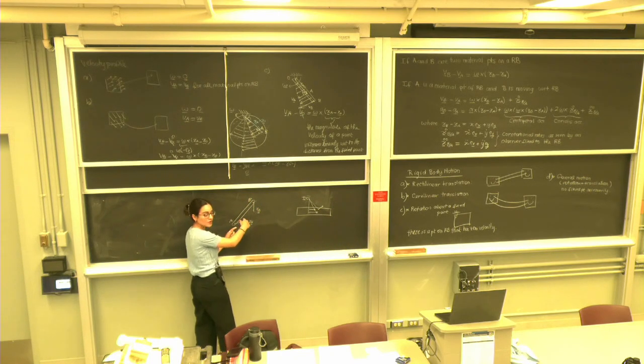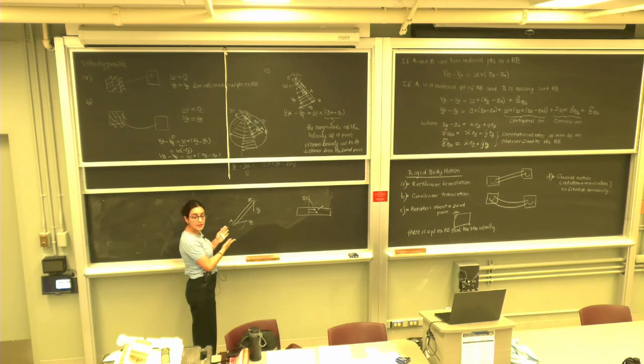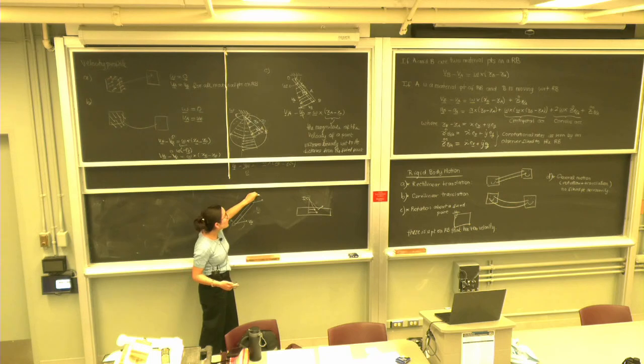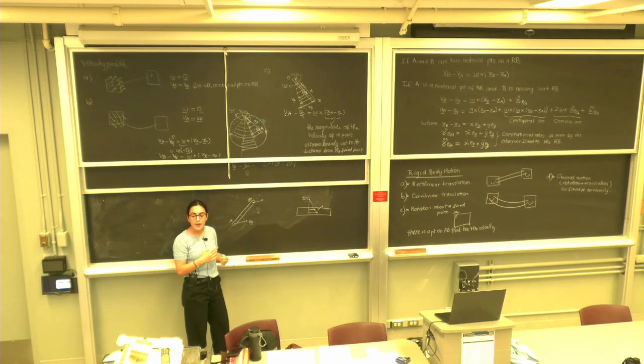If I look at the projections of VA and VB along the rod, because of the rigidity of this body, they need to be equal so that the rod is neither extending nor compressing. So the fact that the body is rigid constrains the velocities.